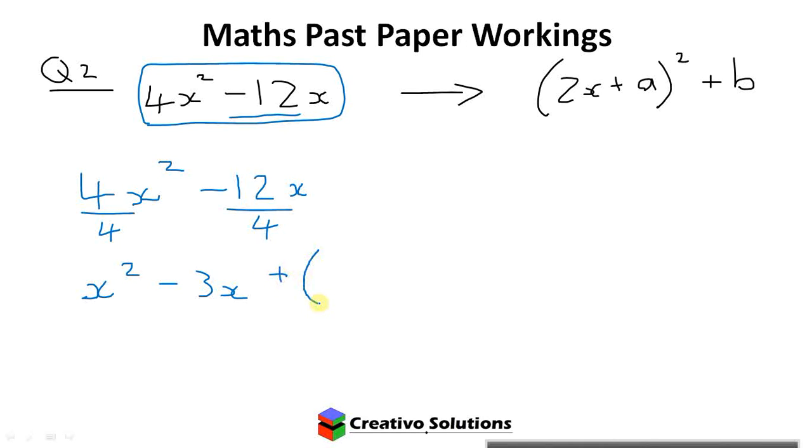Okay, plus. Completing the square says I need to add half the coefficient of b. b is the number in front of x.